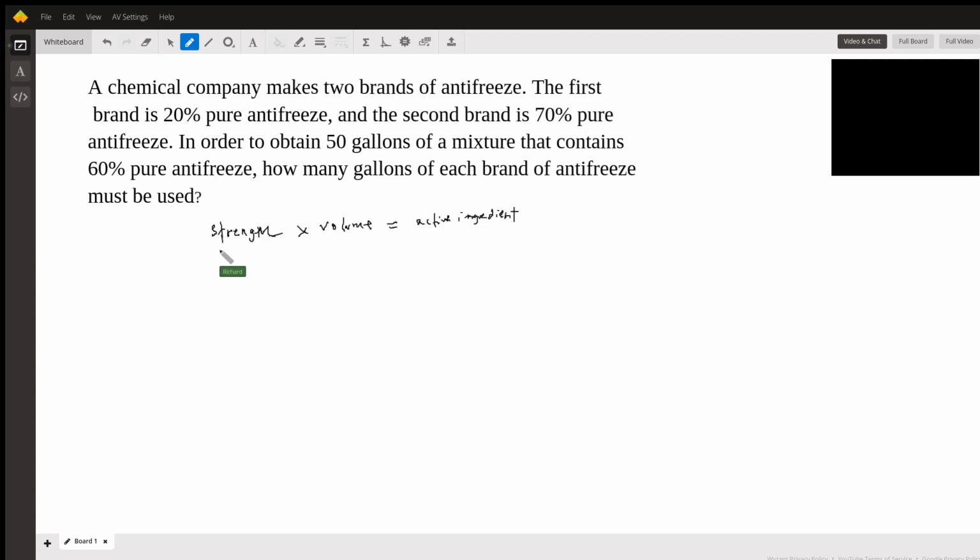So we set up our table. We have two mixtures. We'll call them A and B. Each one of these is a mixture, and then we're going to combine these two mixtures into a third mixture. We'll call this one the final mix.